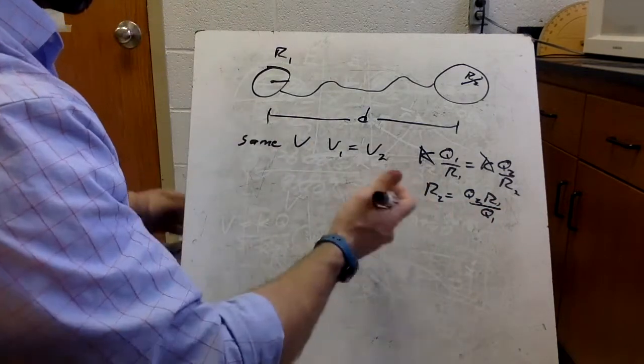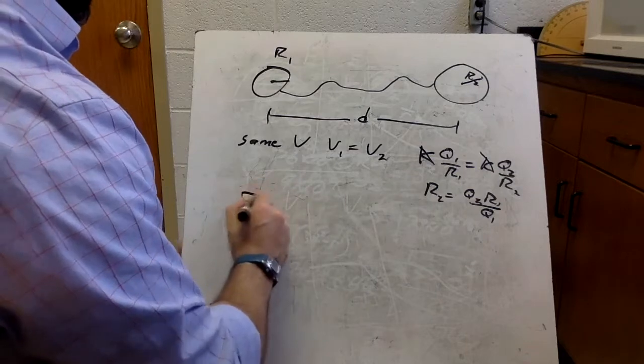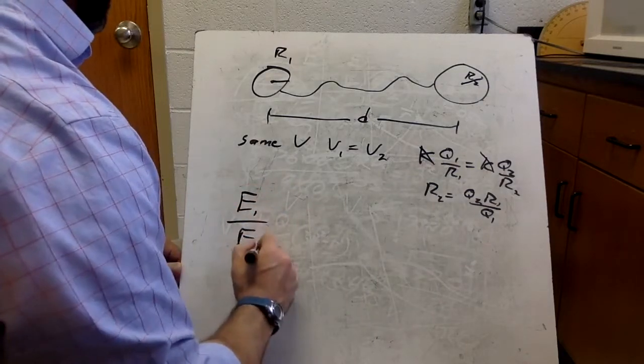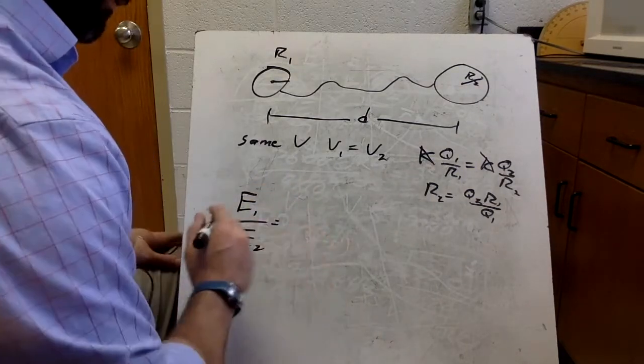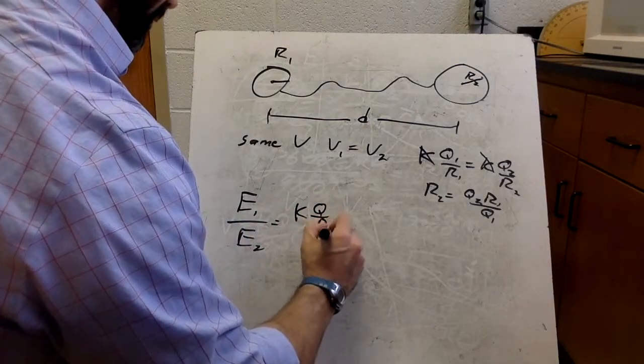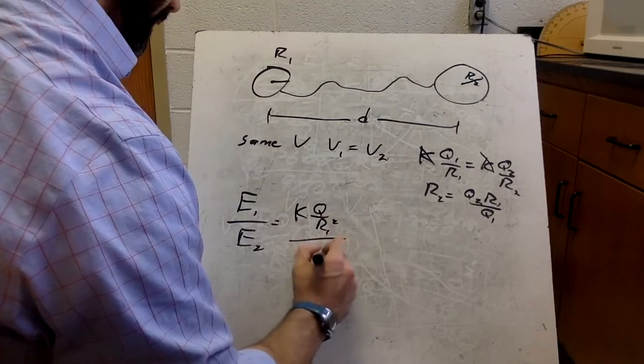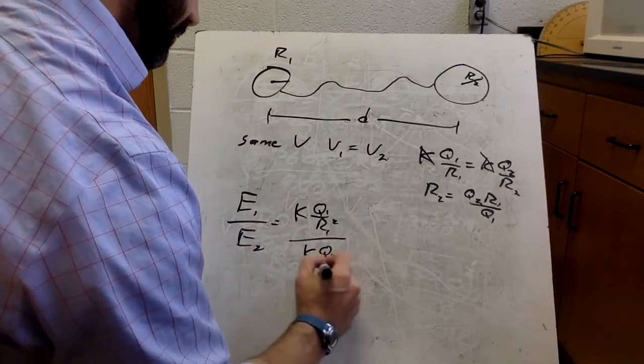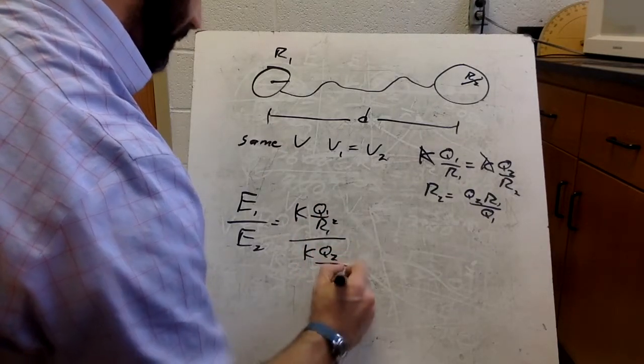So now I want to know the ratio of the electric fields. So let's see what this looks like. E1 over E2, and we know how to calculate this on the surface. This is going to be k q1 over r1 squared over k q2 over r2 squared.